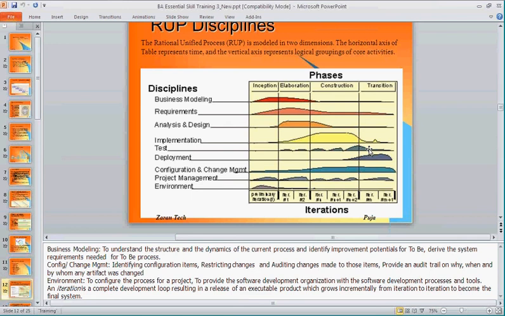Okay. So this is how the RUP model works. Does that make sense? So there's more to be learned on RUP. Remember, this is the golden methodology, right? However, this is where we will stop today.